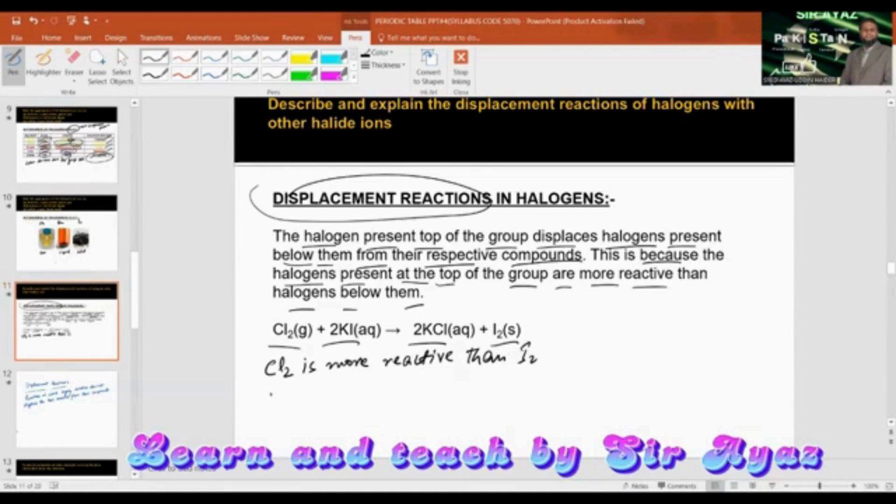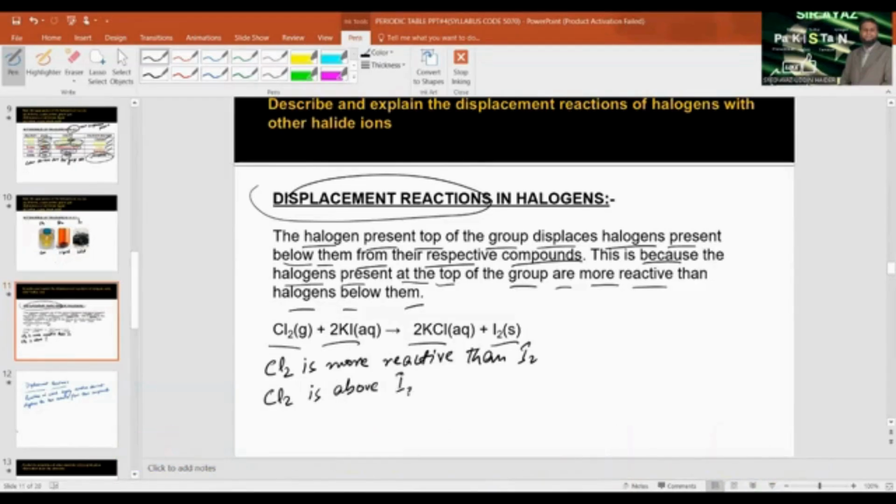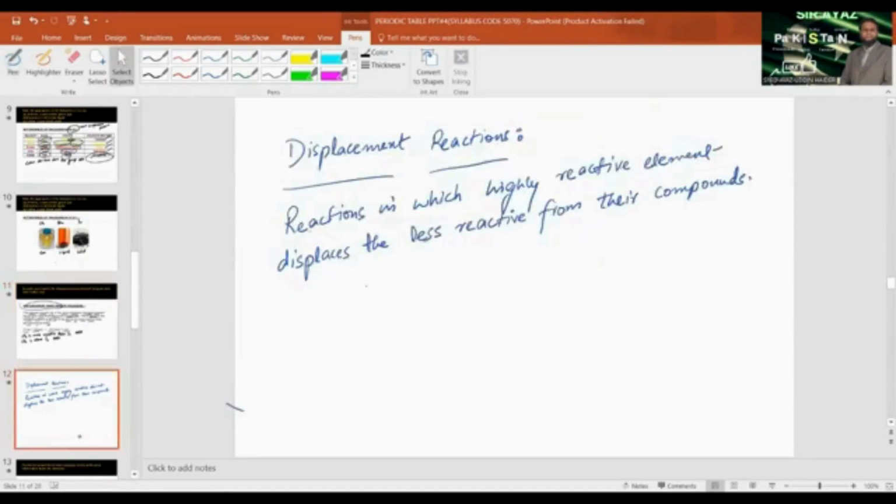You can even write chlorine is above iodine. You have the reverse argument for this also. For instance, for the first statement, you can write iodine is less reactive than chlorine. Second statement, iodine is below chlorine.